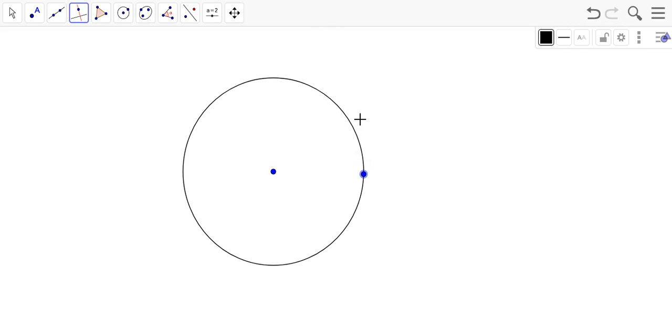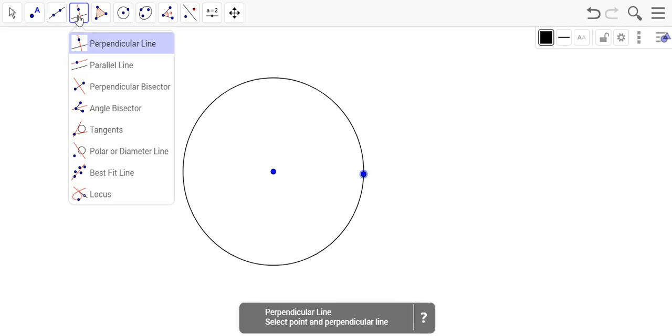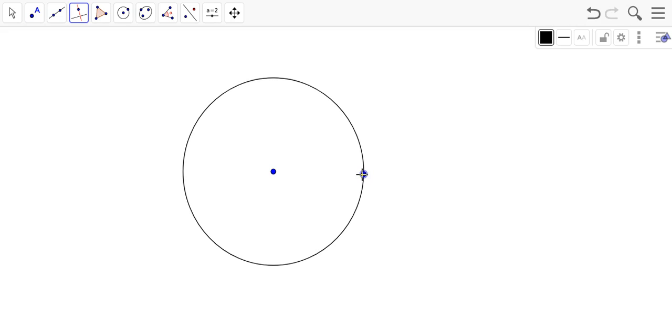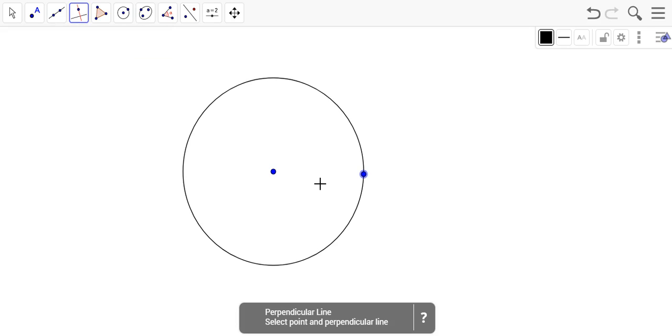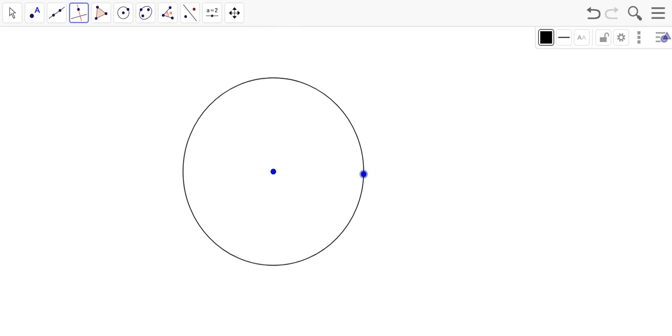Let's try that again. We're going to go through this point and that curve. If it'll work for me. Oh, I think I know what I need to do first.